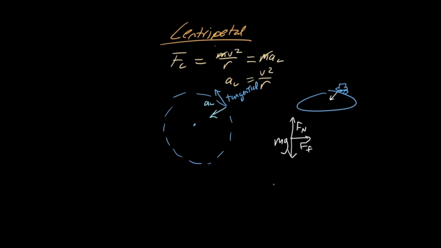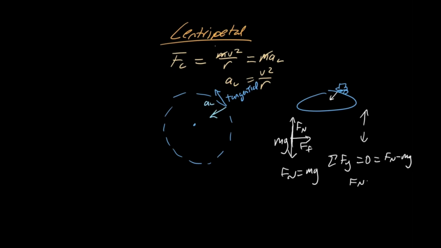So we know that our sum of the forces in the y direction is 0, right? Because the car is not floating up and it's not sinking into the ground either, right? So we know that Fn is equal to mg, especially because they are going in the same axes. There's no angle there. So that means that the sum of the forces in the y direction is equal to 0, which is equal to Fn minus mg, right?